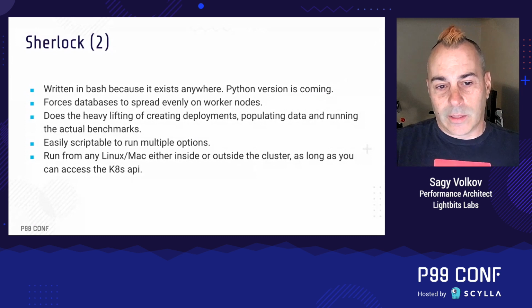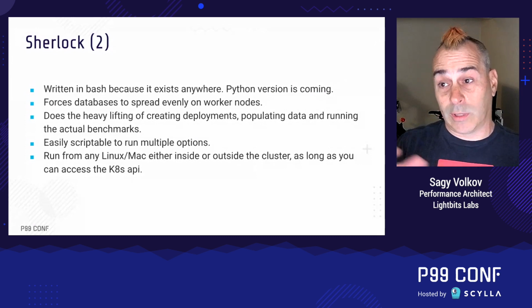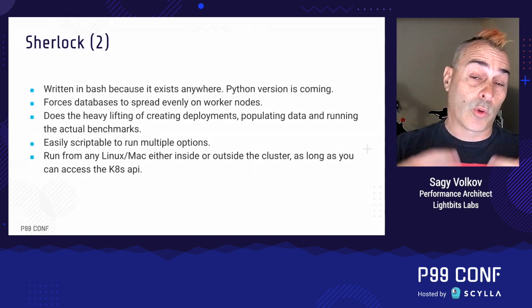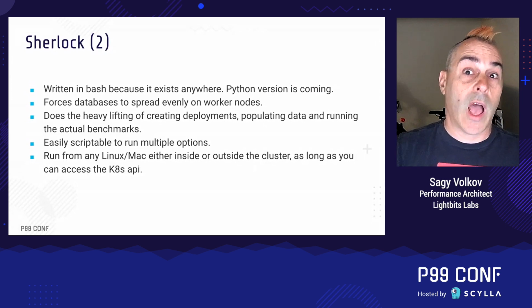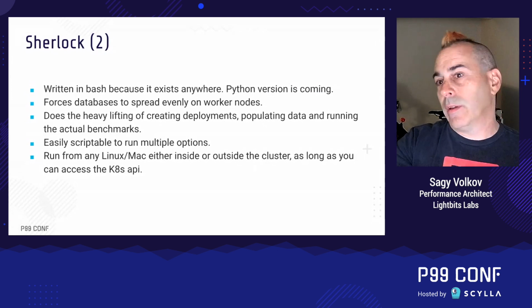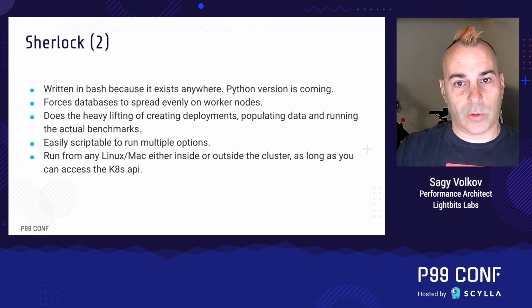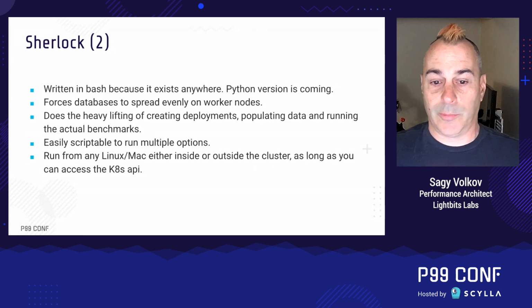And again, the idea here is that you will not only test the storage, but also test your Kubernetes cluster or your worker nodes. How do they behave with X number of databases running on the Kubernetes cluster?